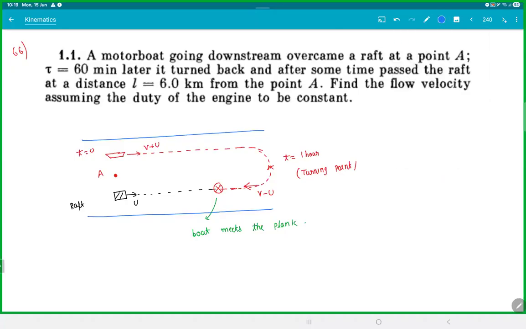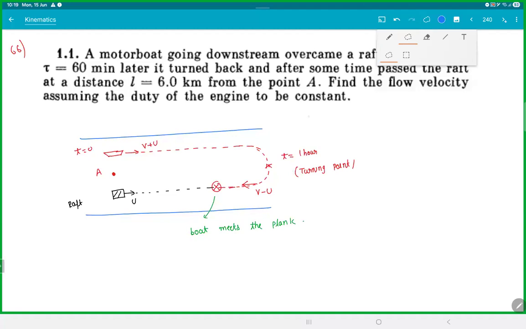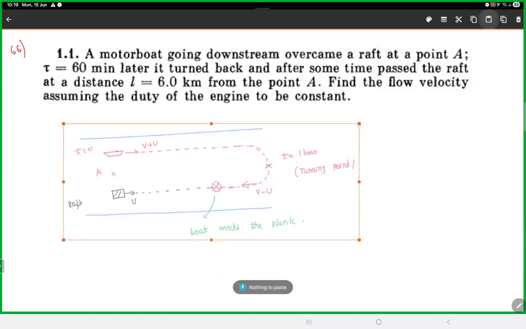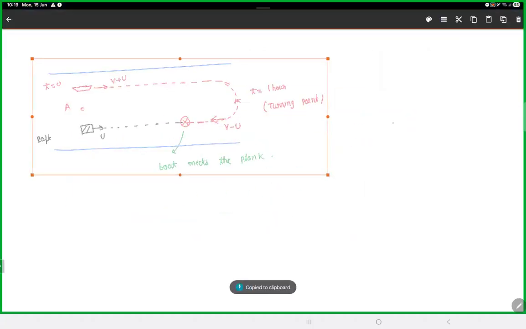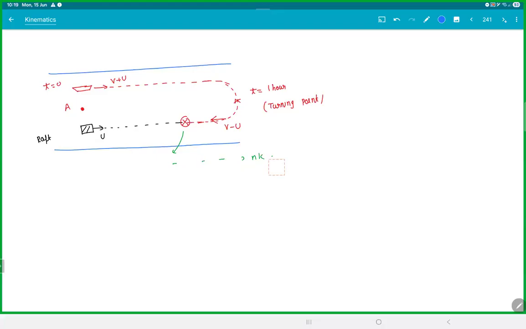Great. Now, if you try to see the whole thing, let the boat meet the raft after time t, meaning from the start it must have taken time t to travel.